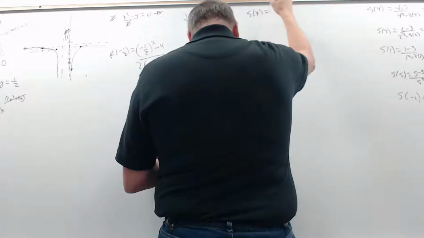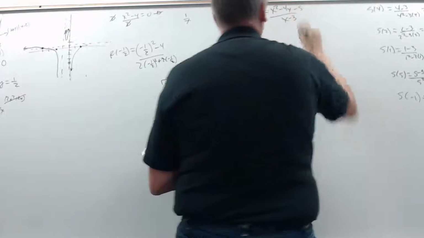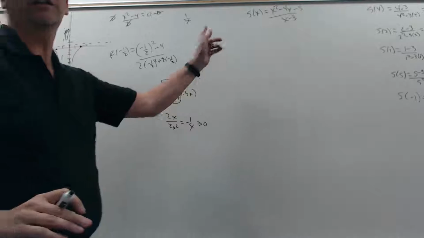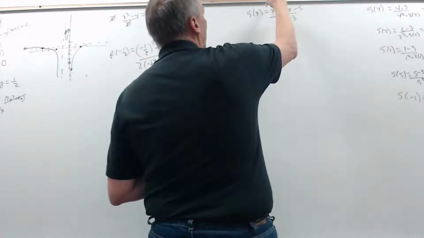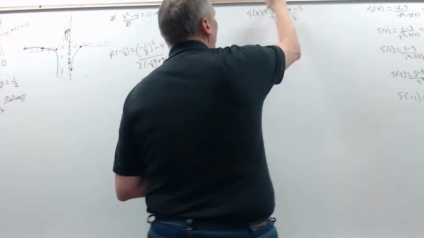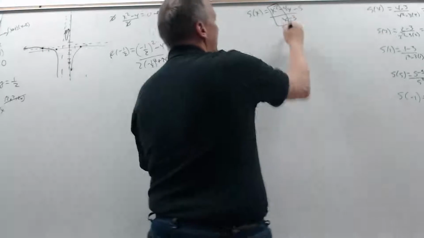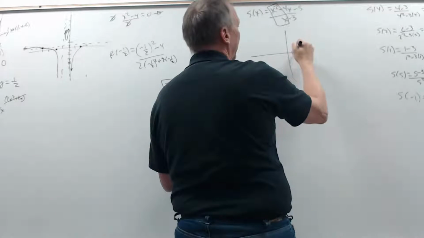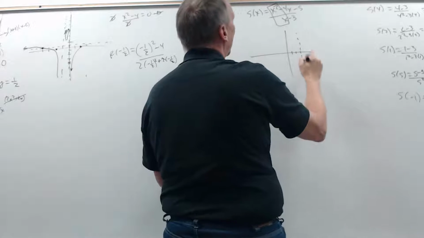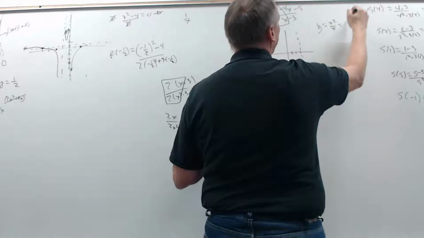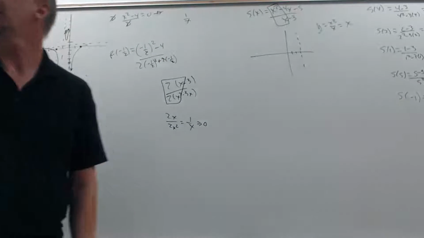S of x equals x squared minus 4x minus 5 over x minus 3. Okay? I'm going to concentrate mainly on, because I think you got the verticals down here. You can see the degree of the numerator is greater than the degree of the denominator, correct? So I know that I'm going to have a vertical asymptote at 3, and y equals x squared over x, which equals x. Do you see that?